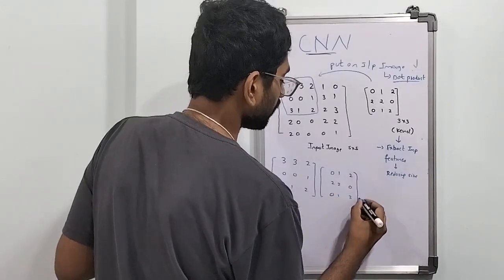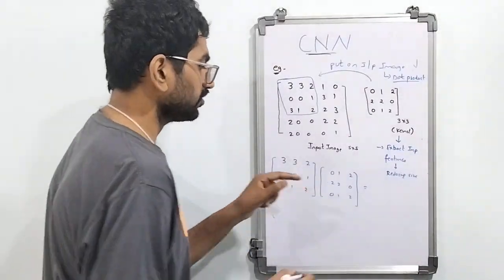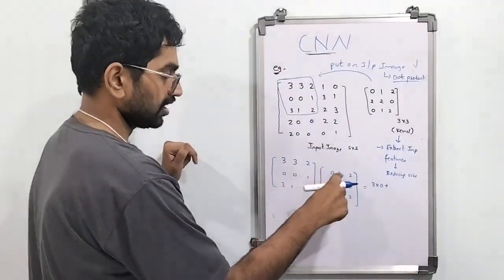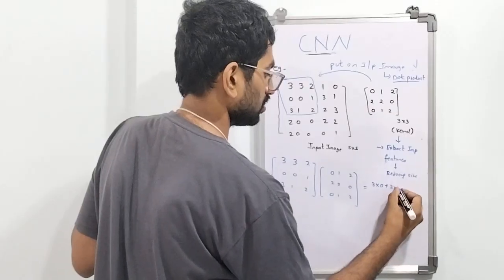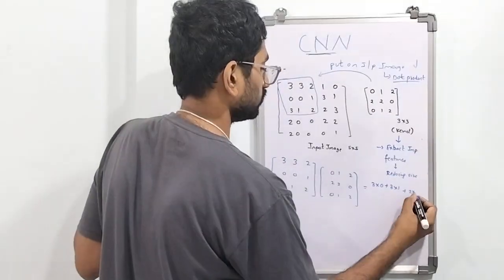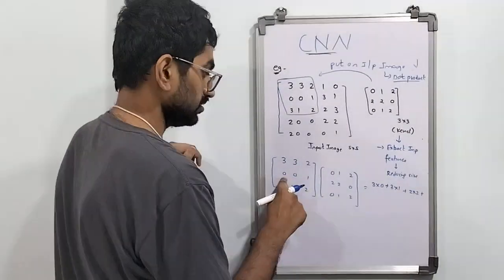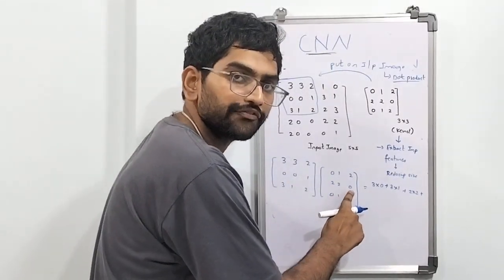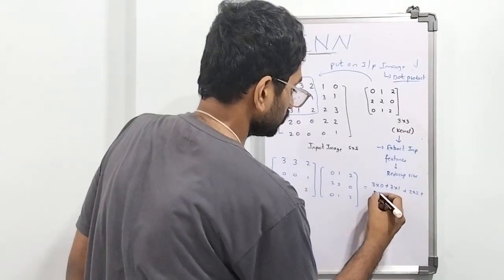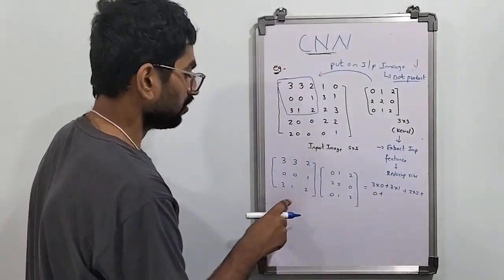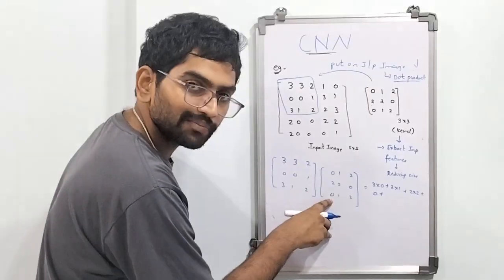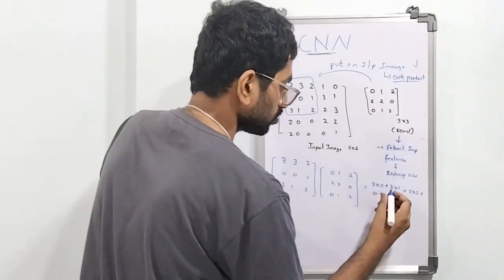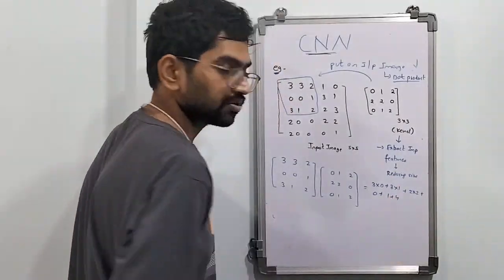First you do 3 into 0, plus 3 into 1, plus 2 into 2, plus 0 into 2, 0 into 2, 1 into 0, which comes to 0 only. Then 3 into 0 means 0, 1 into 1 means 1, 2 into 2 means 4.